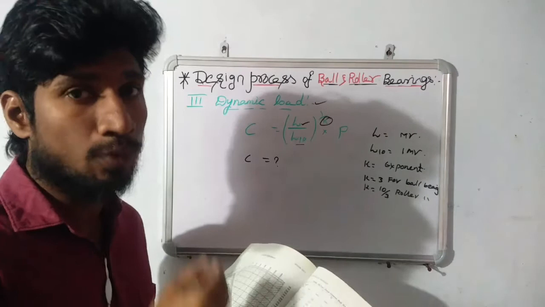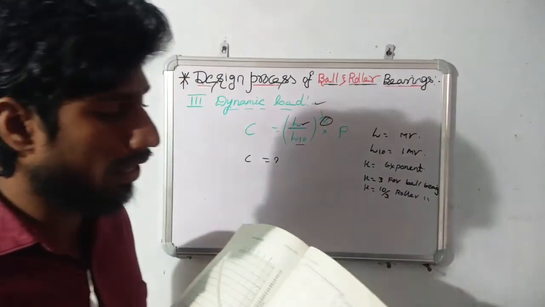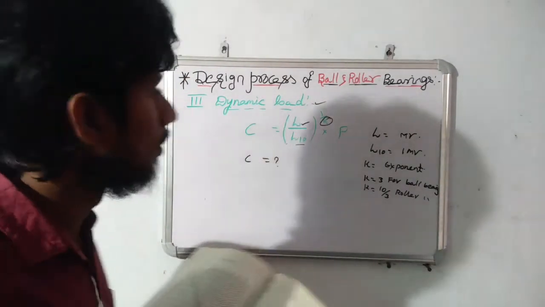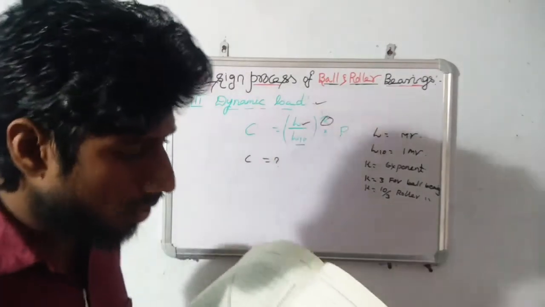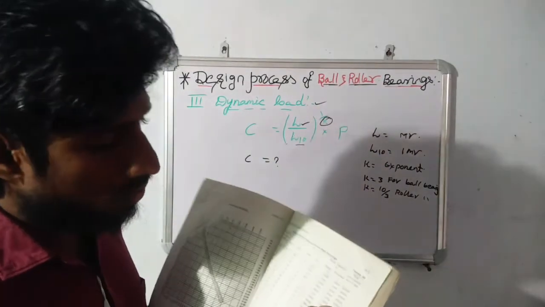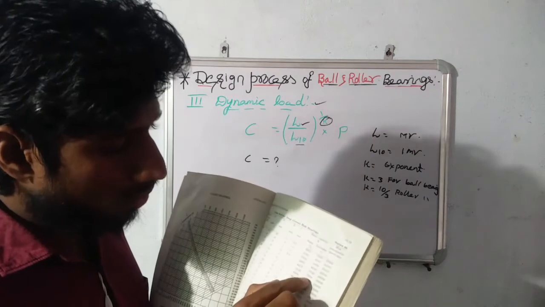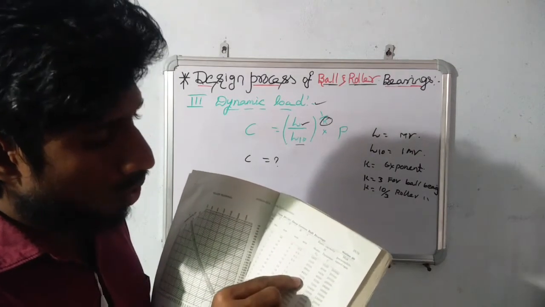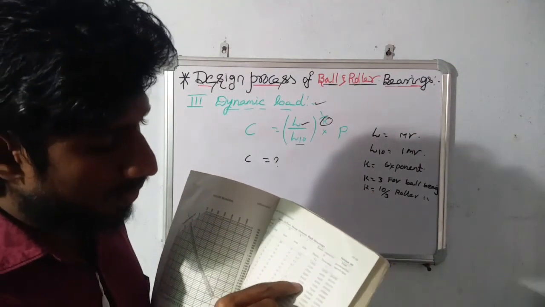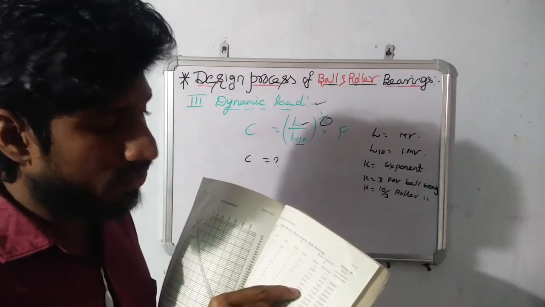For example, here I am going to design one deep groove ball bearing. In the deep groove ball bearing, I get the dynamic capacity value approximately 7,800. At this 7,800 condition, what is the static capacity value? Consider the static capacity value.